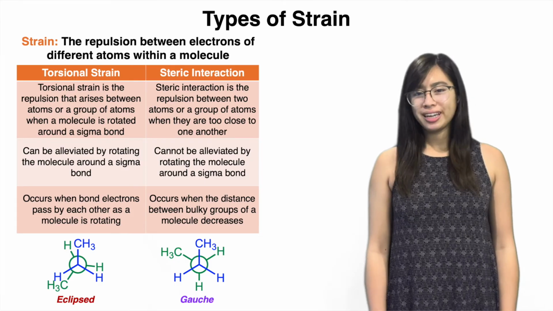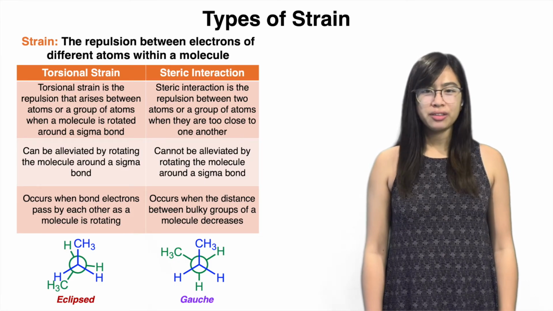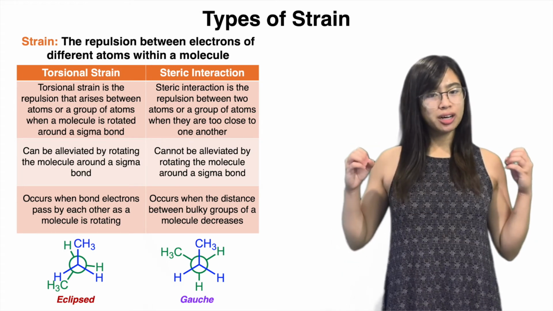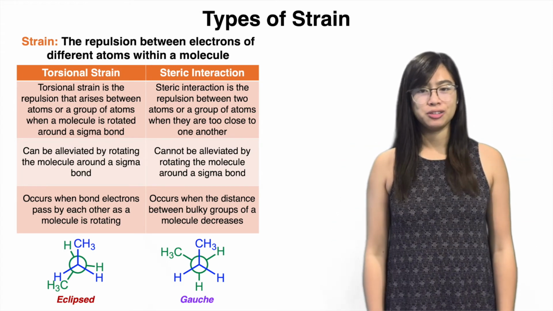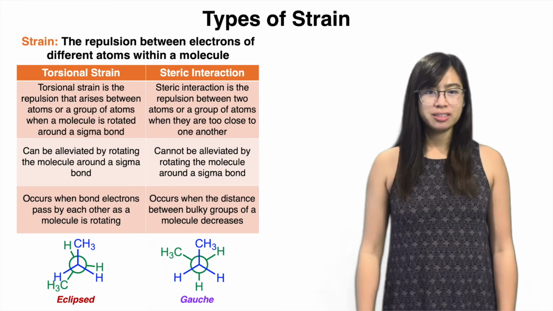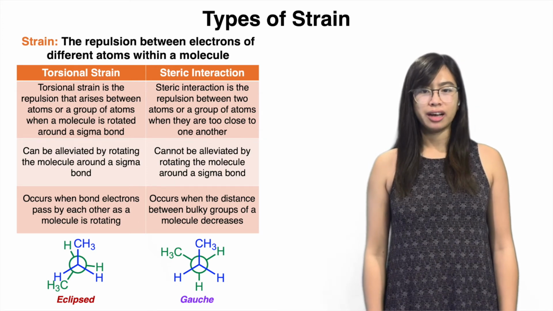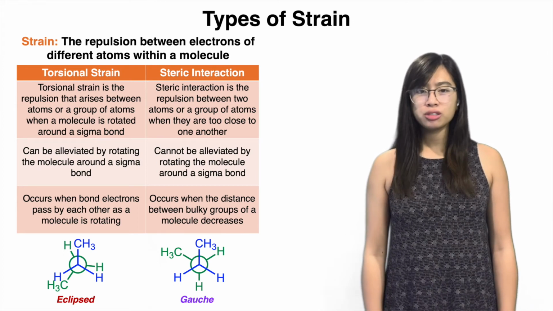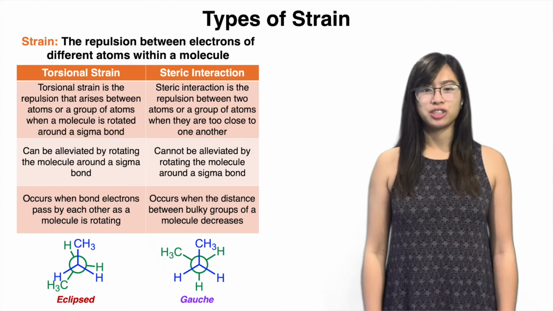What differentiates each conformer from one another is strain, which is the repulsion between electrons of different atoms within a molecule. There are two types of strain that are involved in conformational analysis seen in Newman projections, and that would be torsional strain and steric interaction.